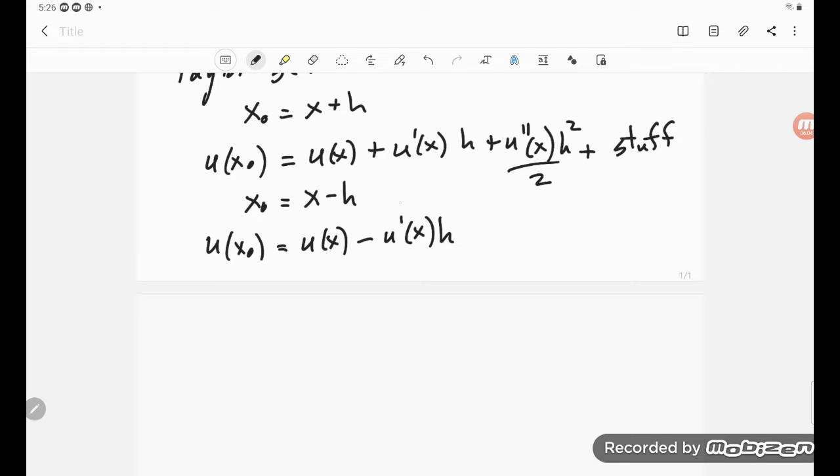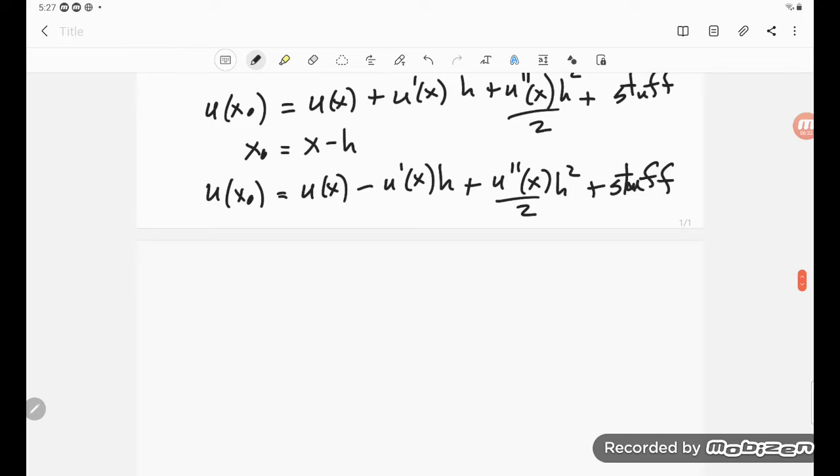Now the reason for the minus is you've got an x minus h in here, so that delta x is actually a negative h. And then plus, because we're squaring the h, u double prime of x over 2 h squared plus stuff. Not necessarily the exact same stuff as up there, but it's just a bunch of stuff.